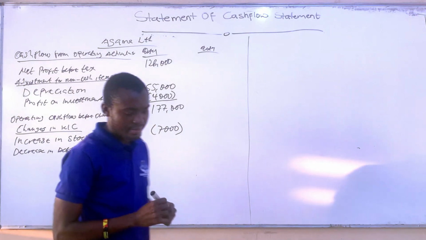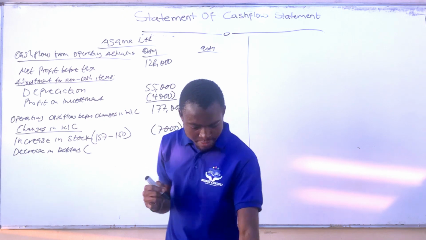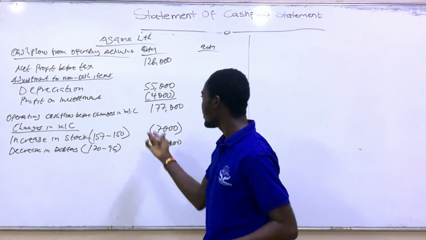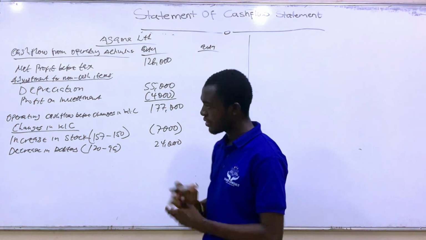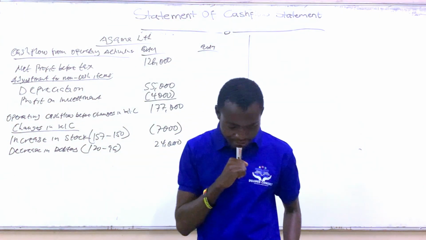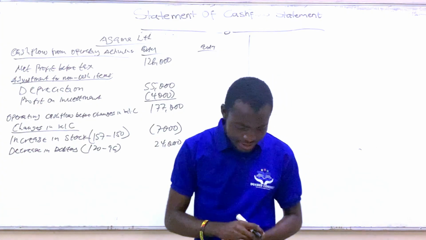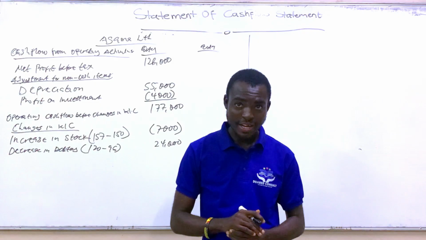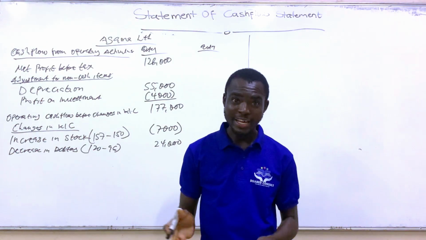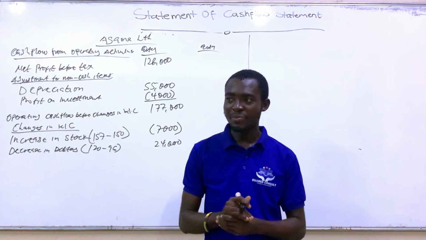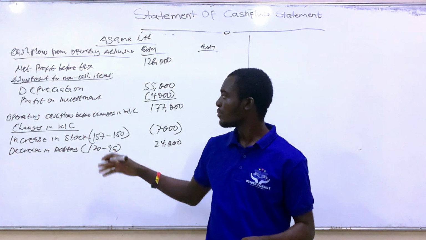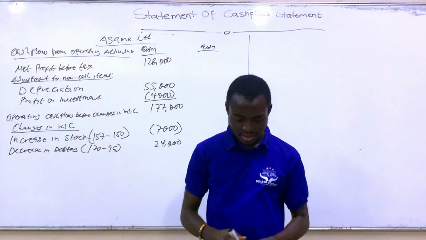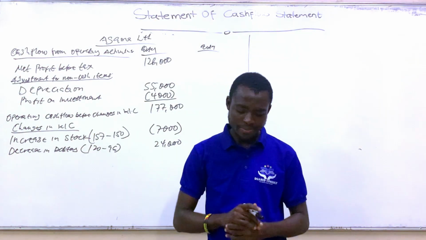That's the difference between 120,000 and 96,000, 24,000. The next current assets are bank and cash, which are the cash and cash equivalents. For cash and bank, we don't consider their increments and decrements. So we proceed with current liabilities.